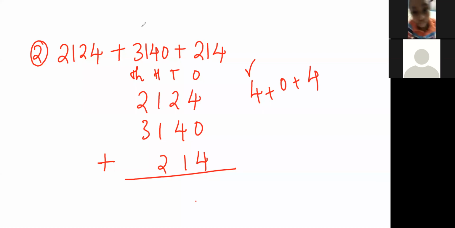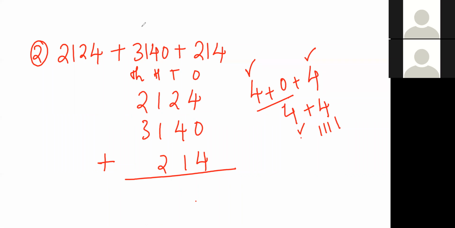I have already explained in the previous class that whenever 0 is added to any number, the answer will be that same number itself. So 4 plus 0 is 4. Again, you add this number to the remaining 4. 4, keep it in the mind. 4 fingers open, after 4 comes 5, 6, 7, 8. So under the ones place, you have to write 8.